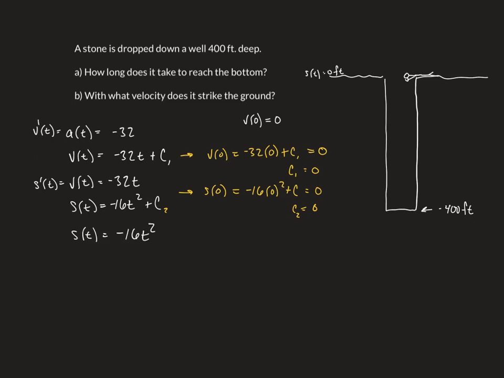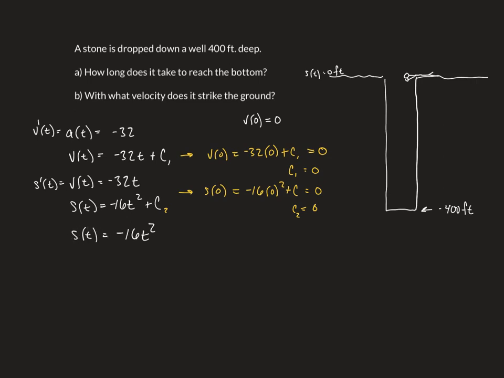So now that I have that position function that lines up with the way we've drawn the picture, we can find the things we need to find. I want to know the time when it reaches the bottom. So I'm solving for t, but I want to know what t is when the position is at the bottom.